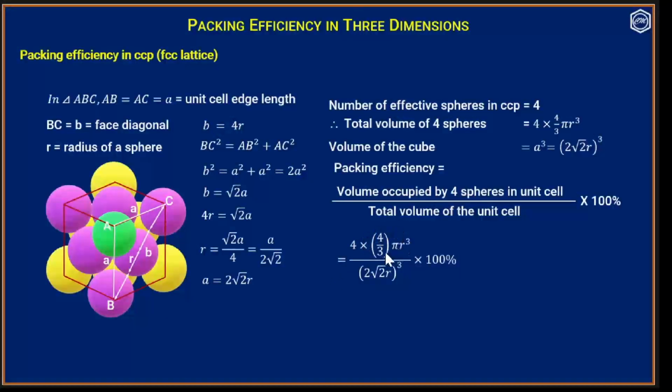The total volume occupied by 4 spheres is 4 into 4 by 3 pi r cube. The total volume of the unit cell is 2 root 2 r the whole cube, into 100, and this comes out to be 74%. So the packing efficiency in an FCC lattice or CCP structure, cubic close-packed structure, is 74%, which is the highest.